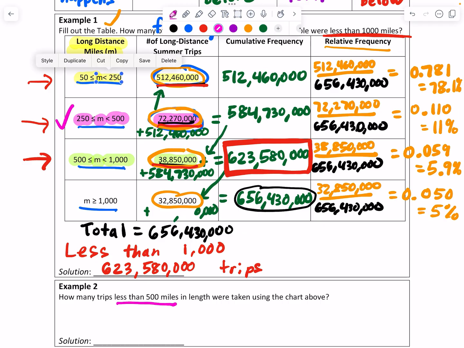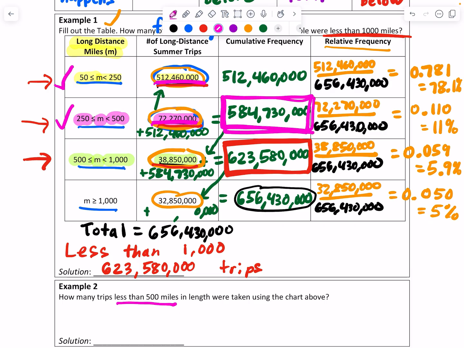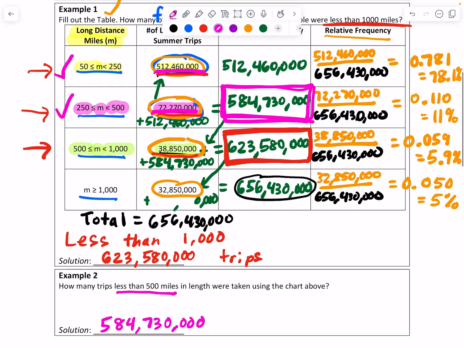Those were less than 500 miles. These ones were as well. So if I add this number and this number, wow, this is getting pretty colorful, I would get this number right here. 584,730,000 satisfy that stipulation, less than 500 miles in length.